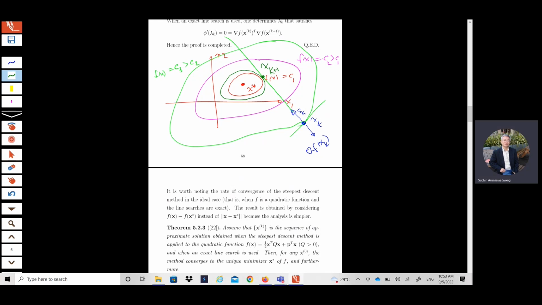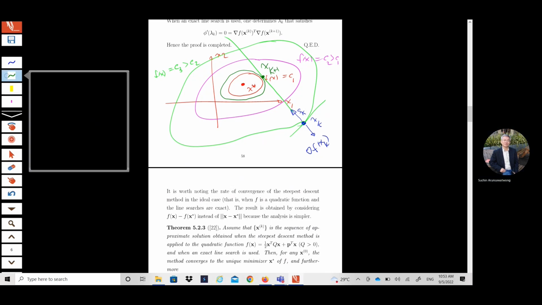Then how can we find the xk plus 2? We can do the steepest descent by graph, right? And then at this point, we find the sk. You see the sk, right?